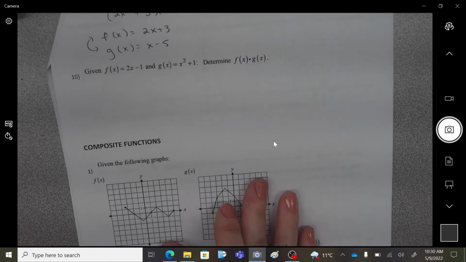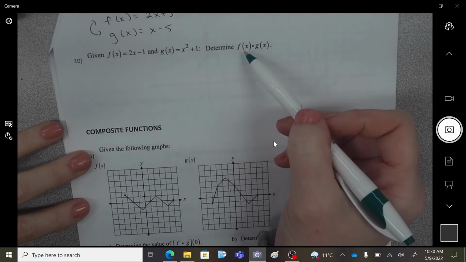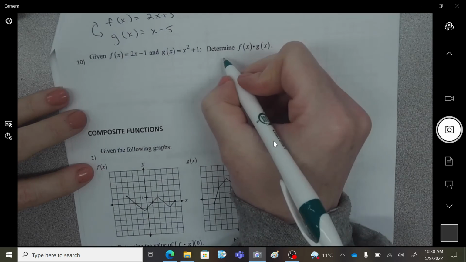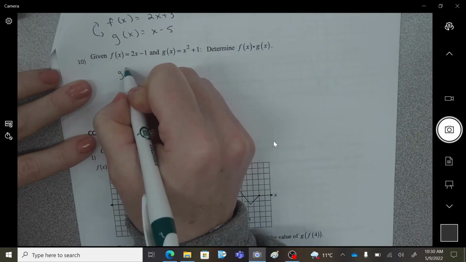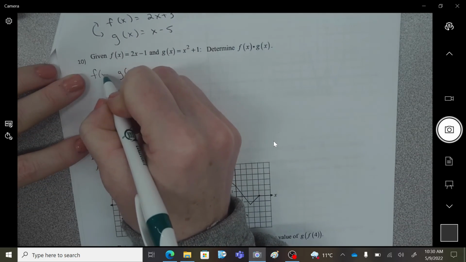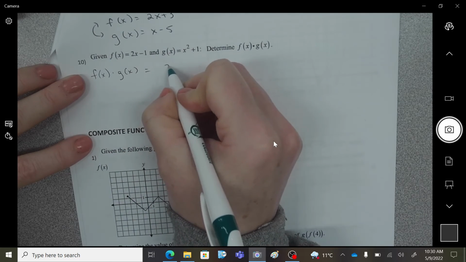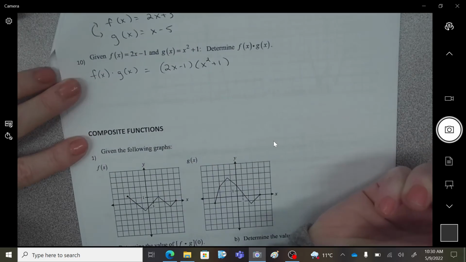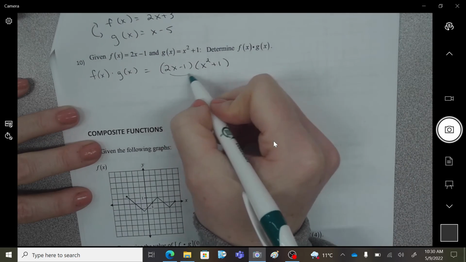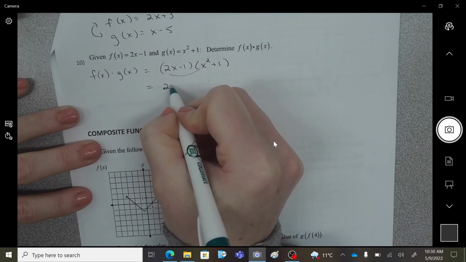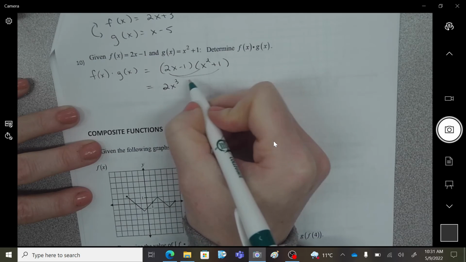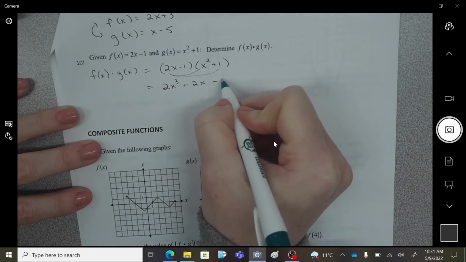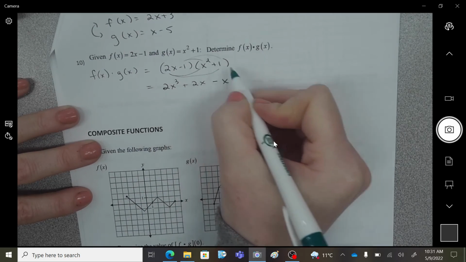Okay, number 10. Determine the f times the g function. Okay, I'm going to FOIL this out. So here we go. 2x cubed plus 2x minus x squared minus 1.